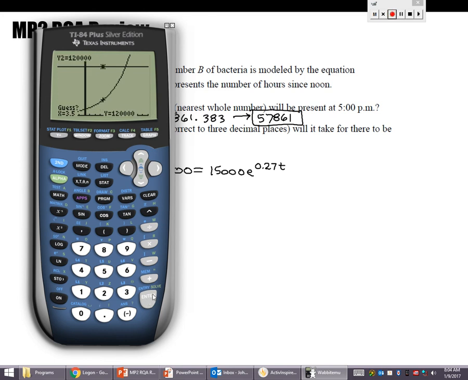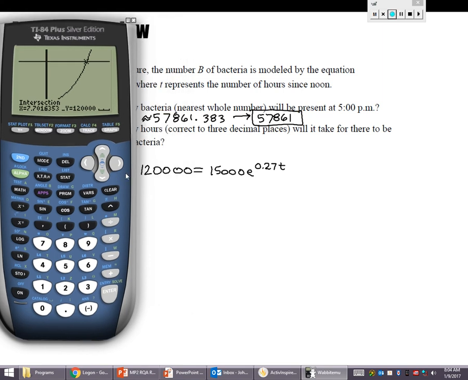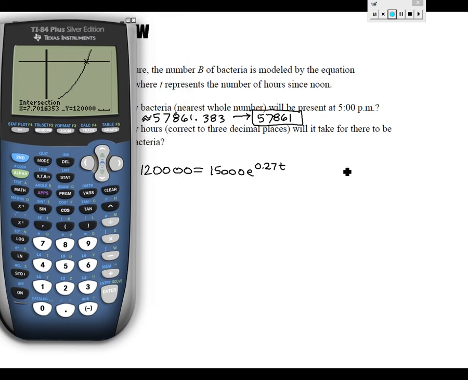First curve, second curve, guess. It doesn't really matter, it'll get it. There's only one place to intersect. So 7.7016, approximately 7.702. How many hours? Correct to 3 decimal places.